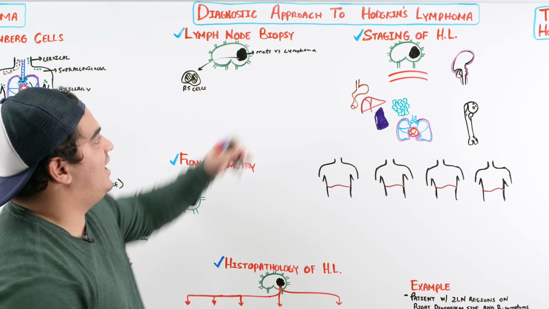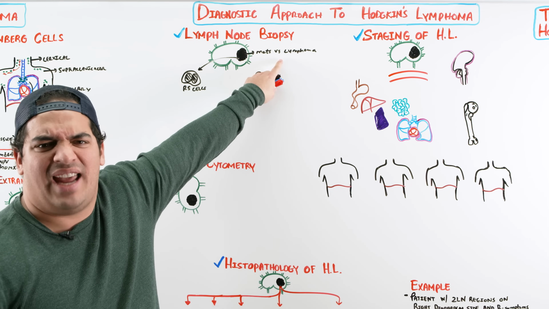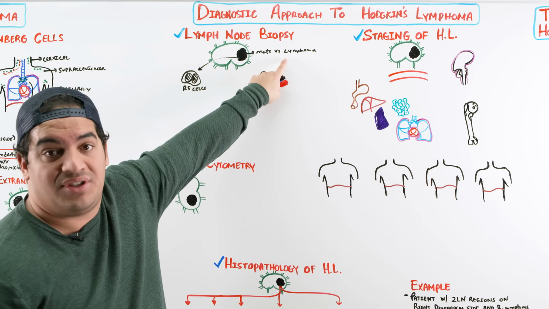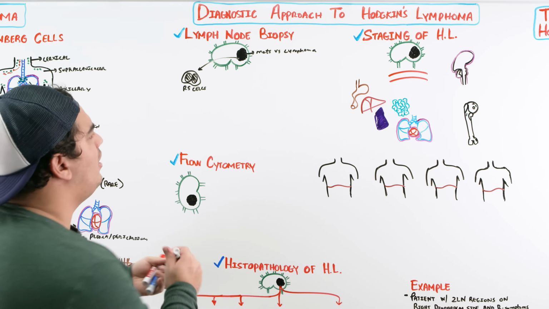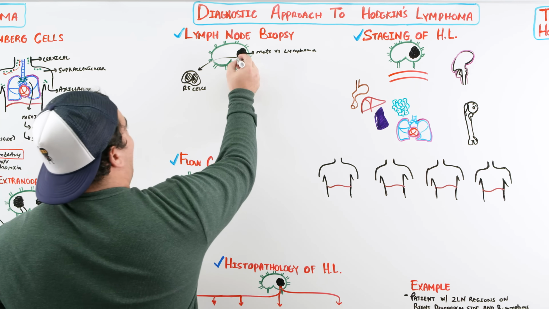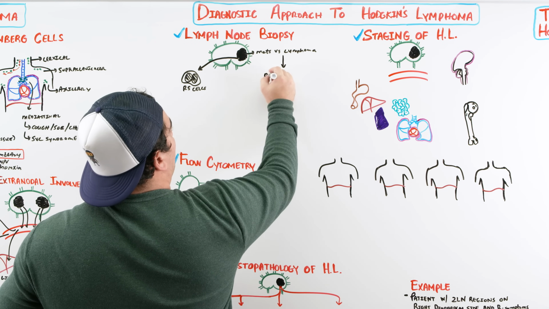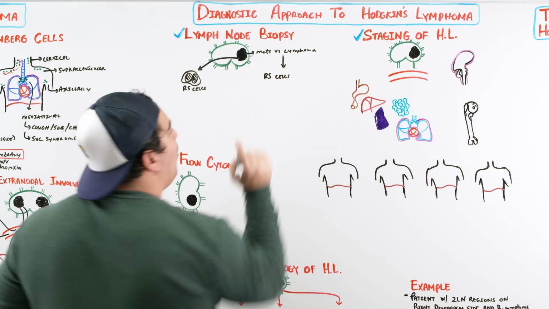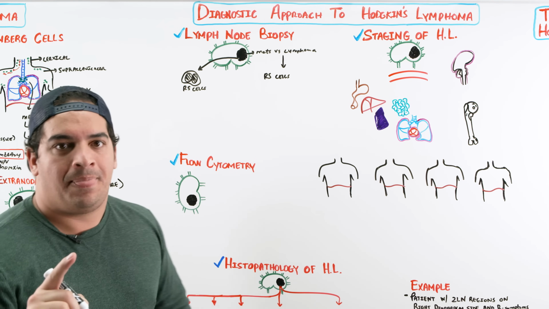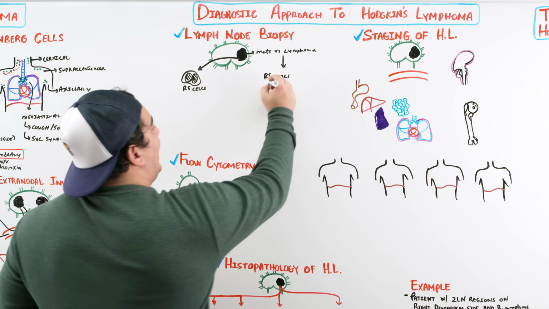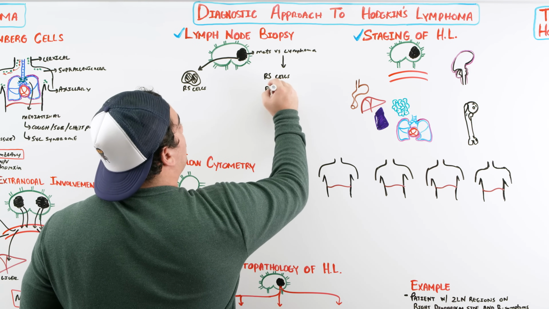So my first question is, is it Mets versus lymphoma? In other words, is it a cancer from somewhere else that spread to a lymph node? Because that's possible. And is it Hodgkin versus non-Hodgkin's? So first thing I do is I biopsy that actual area. Once I biopsy it, if I see Reed-Sternberg cells, or, gotta be very, very careful, Reed-Sternberg cells or a variant called popcorn cells.